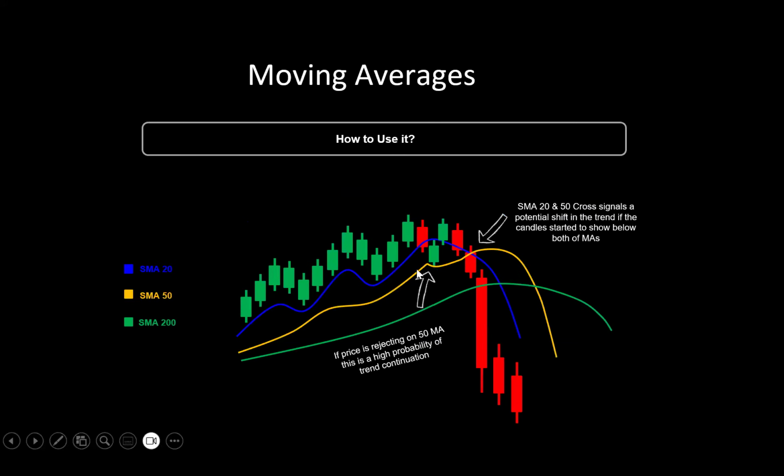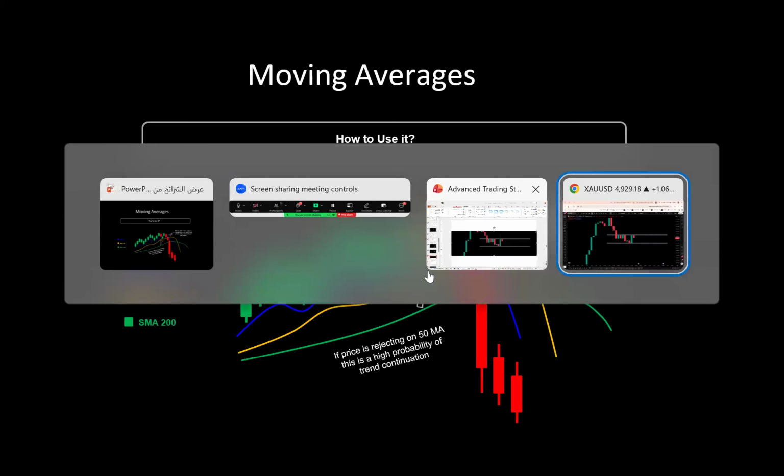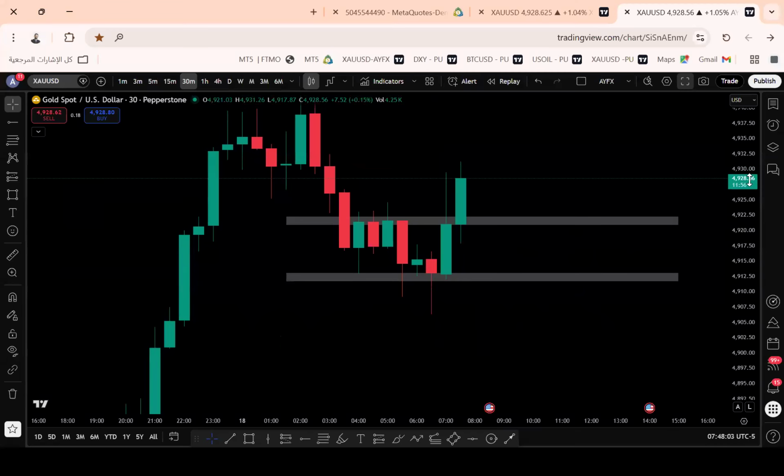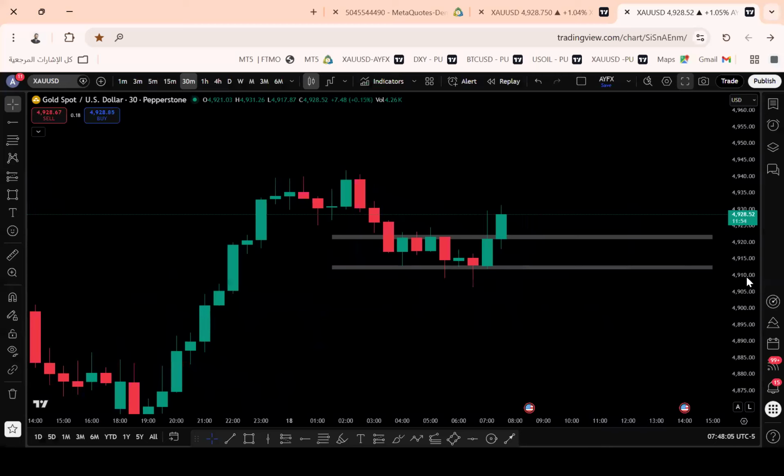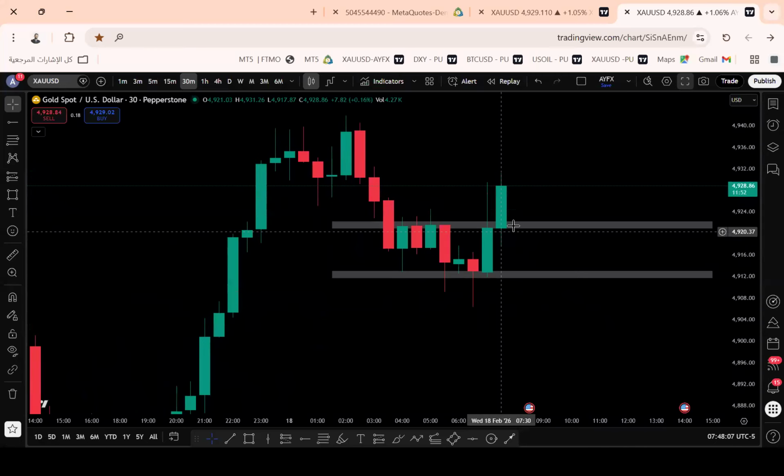Let me jump to, for example, a real chart here. As you can see, guys, just a quick example: a candle has broken the resistance level that I have just drawn.